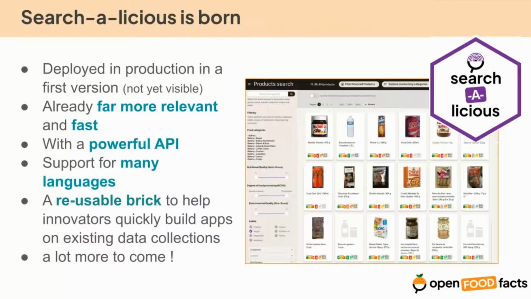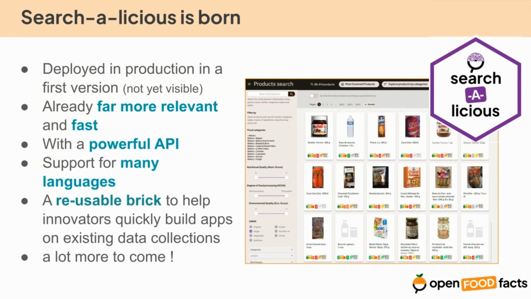So the Search-a-licious project. Here you see our target UX. It's almost done, but not yet completely. What we have deployed in production already is a beta, which is far more relevant and fast. It has a powerful API.